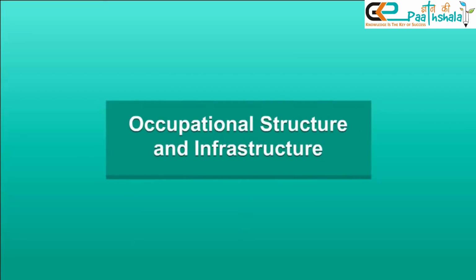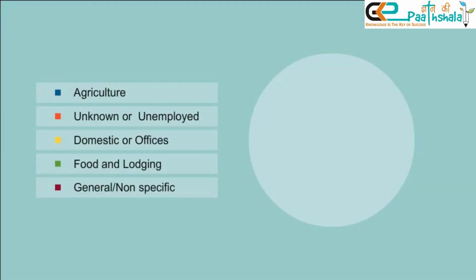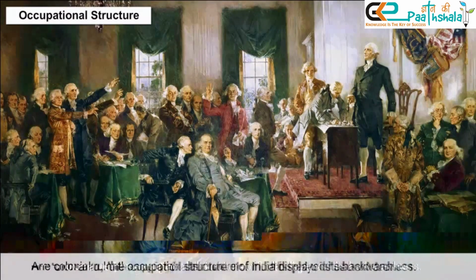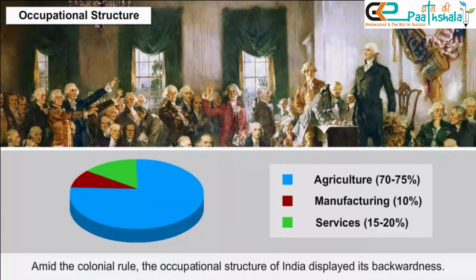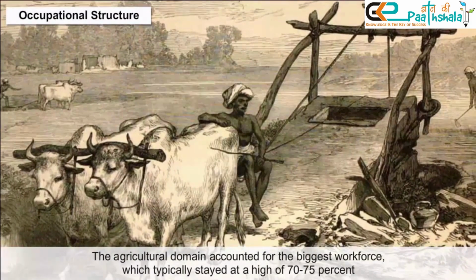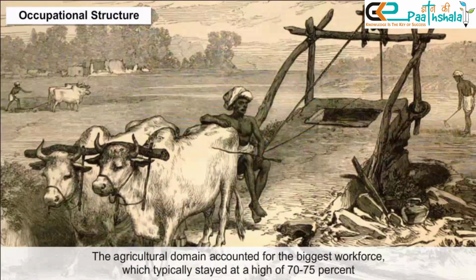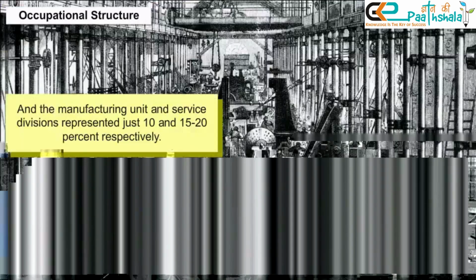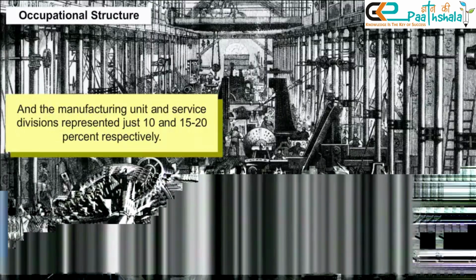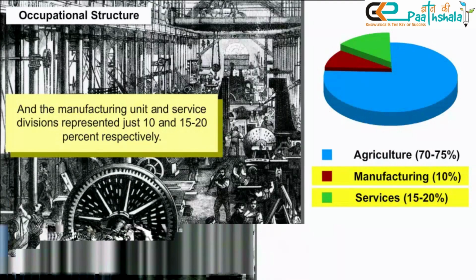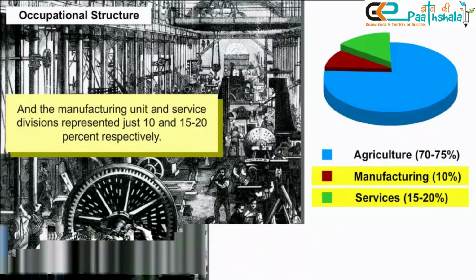Occupational structure and infrastructure. Occupational structure. Amid the colonial rule, the occupational structure of India displayed its backwardness. The agricultural domain accounted for the biggest workforce, which typically stayed at a high of 70 to 75%, and the manufacturing unit and service divisions represented just 10 and 15 to 20% respectively.